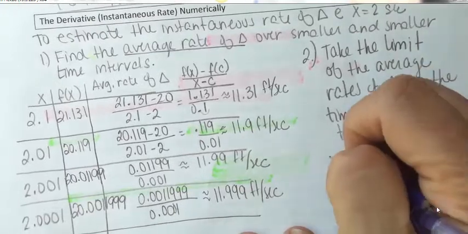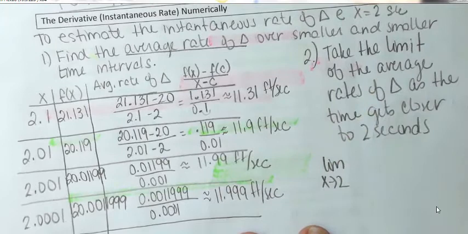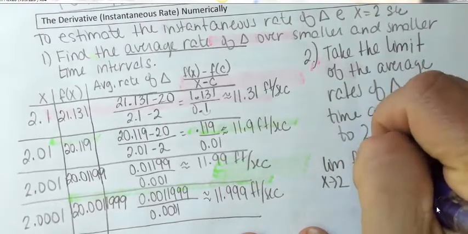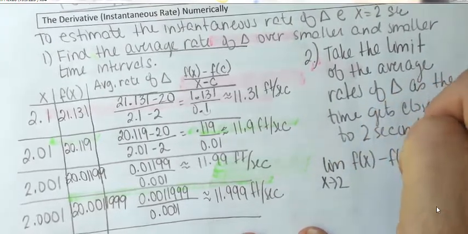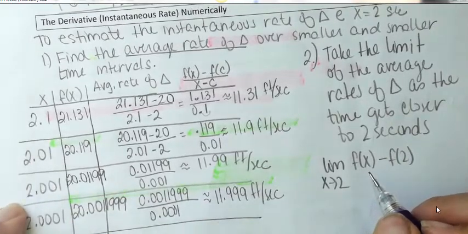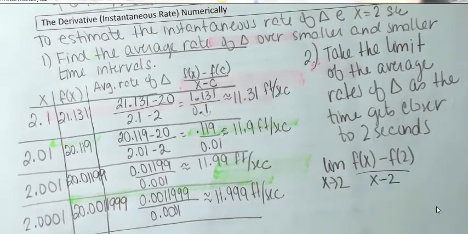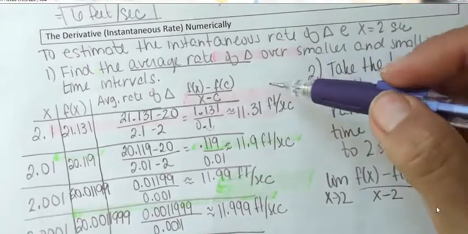So really what we're doing is we're saying what's the limit as x approaches 2 of f of x minus f of 2. F of x was whatever we chose, right? We chose a whole bunch of different values for x, all over x minus 2. And when we do that, well, what's this approaching?